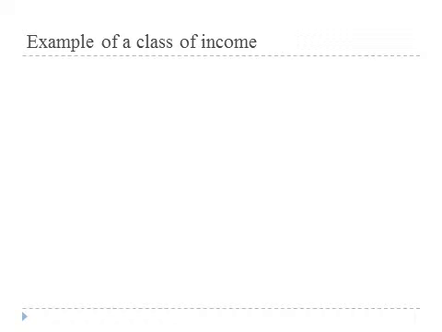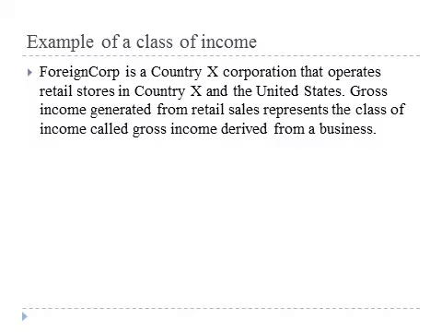Here's an example of a class of income. Foreign Corp is a Country X corporation that operates retail stores in Country X and the United States. Gross income generated from retail sales represents the class of income called gross income derived from a business.